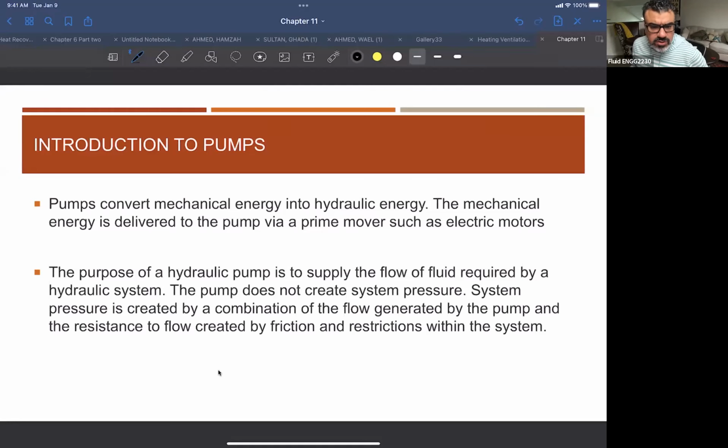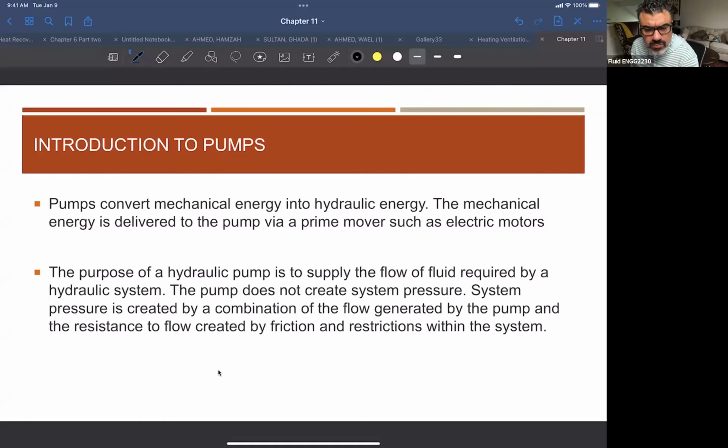So the pump is basically generating hydraulic power from the mechanical power that is provided to it. And what is driving the pump? We call it the prime mover of this pump, which is basically an electric motor or any type of motor, could be a diesel motor or something like that. It's just a device that is creating this mechanical rotational motion for the pump to operate, okay?